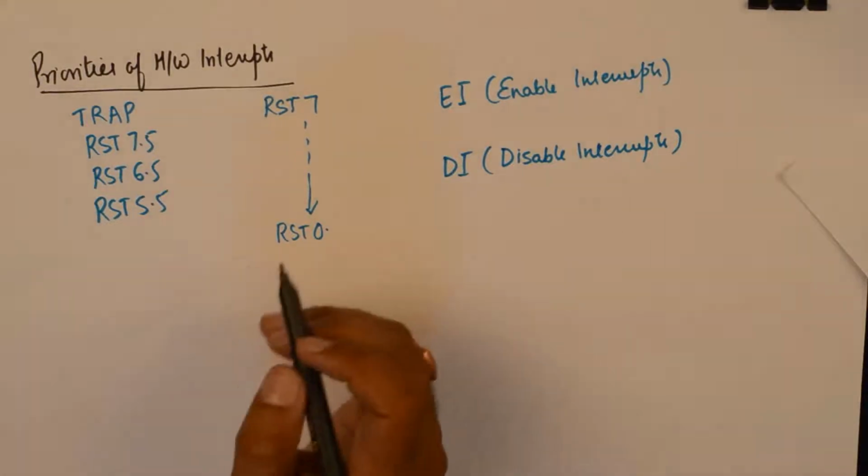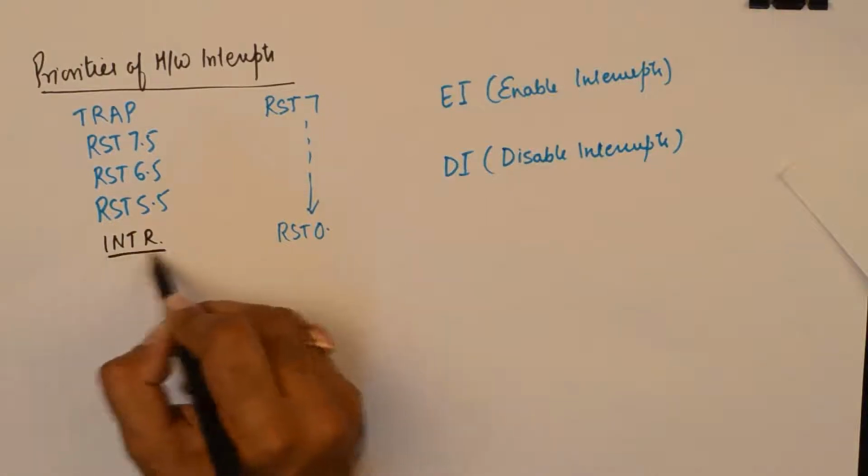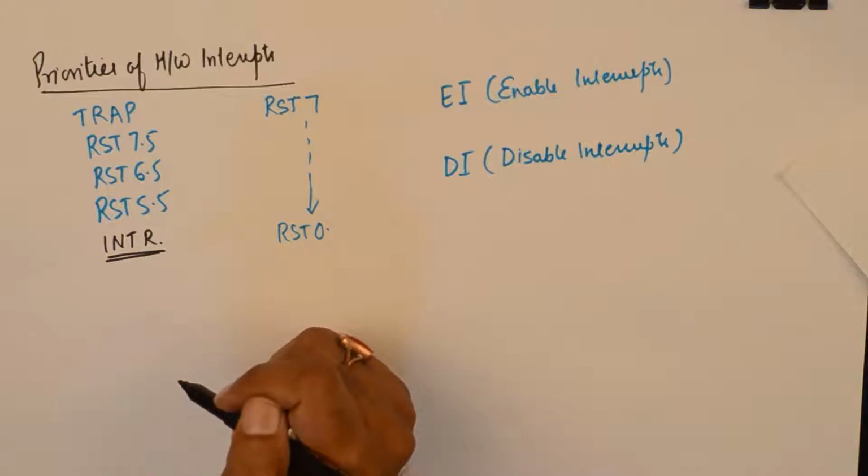Now INTR is one such interrupt that has the lowest priority. It is a non-vectored interrupt. If any signal for interrupt is encountered on the INTR pin, it should be followed, or it should have its own vector address.